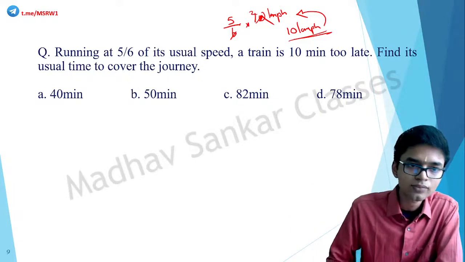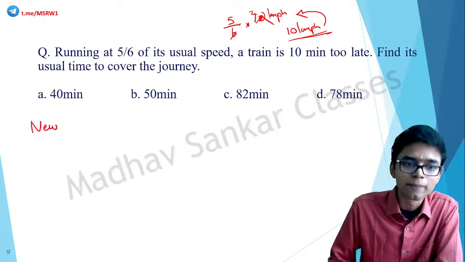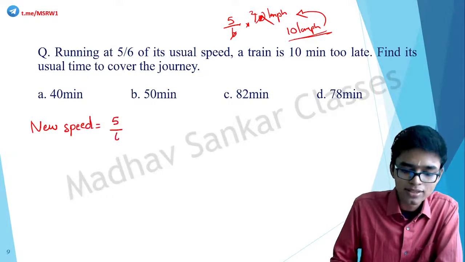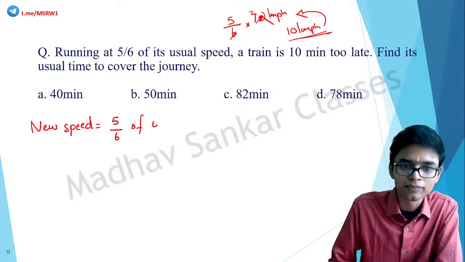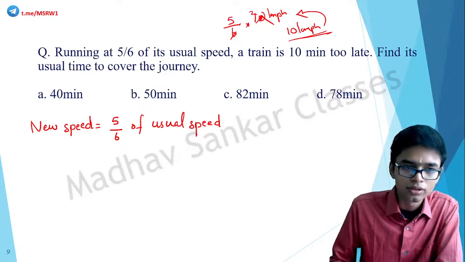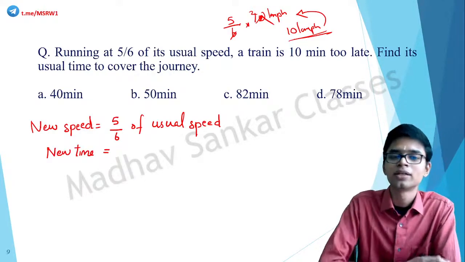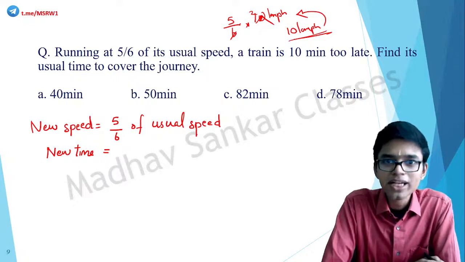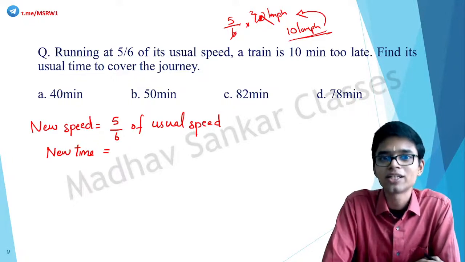So, new speed is equal to 5 by 6 of usual speed. Correct? No doubt. Now, new time. What will be the new time? If the speed ratio is 5 by 6, what will be the time ratio?